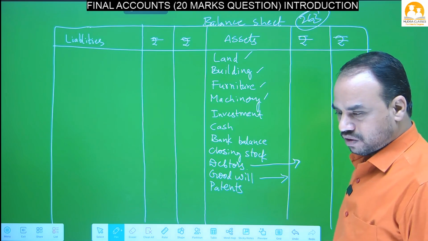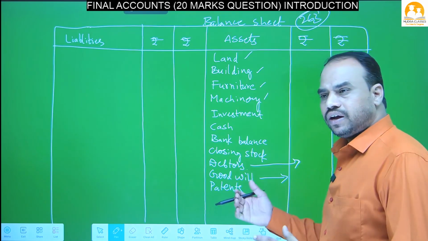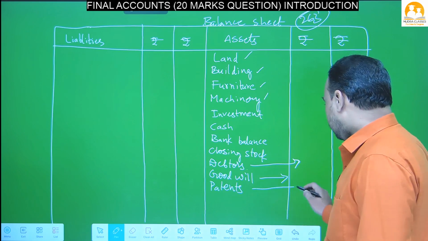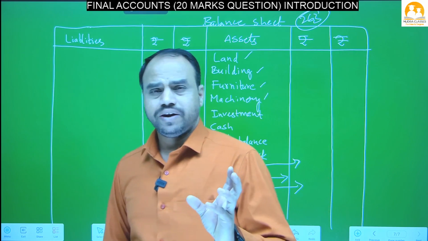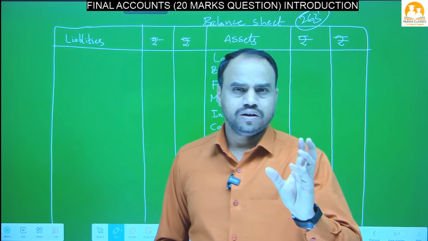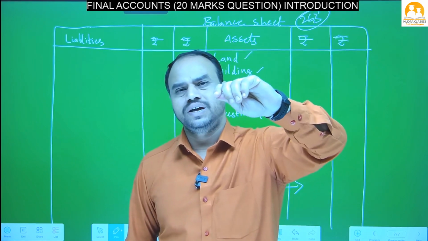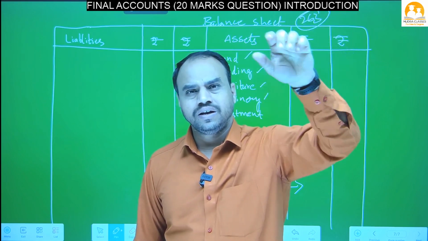In future classes I will explain clearly what goodwill is and when it will come in a question. Patents means if you manufactured a product like a medicine, say I produced a new medicine, the government gives us the right to produce that medicine.